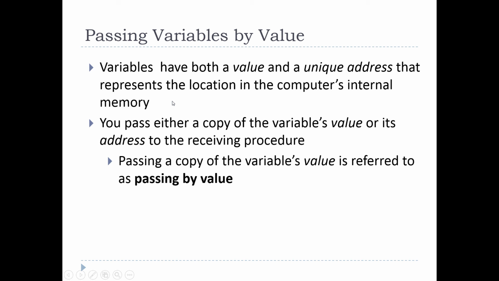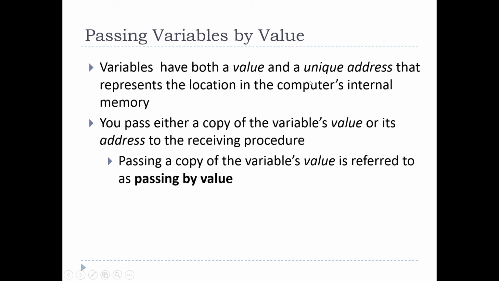So, passing variables by value. Value means we are actually passing a copy of that value to the function. Because every variable that you declare, we talked about this from the beginning of the semester, is really just a memory location, right?